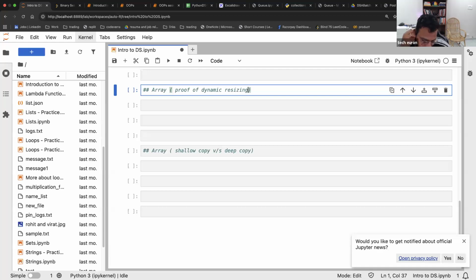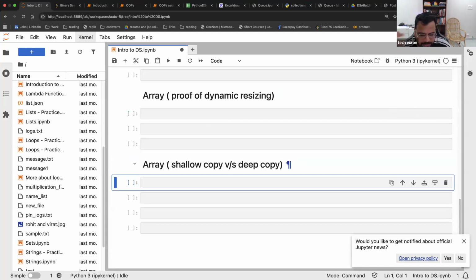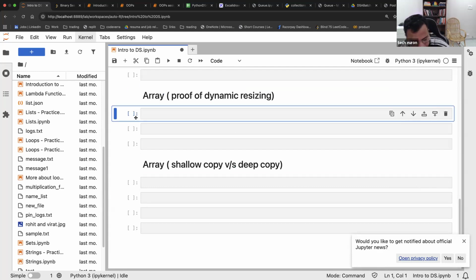See, this is what I was saying. When we are learning about array, we are learning some academic things and also problem solving patterns. Right now we are just learning about array. If you don't know these things, you are still able to solve the problems, and if you don't know how to solve the problems, you can still learn this. These are two separate items, but if you're learning programming, you should know these things. That's why I'm covering it. We'll get to problem solving patterns also.